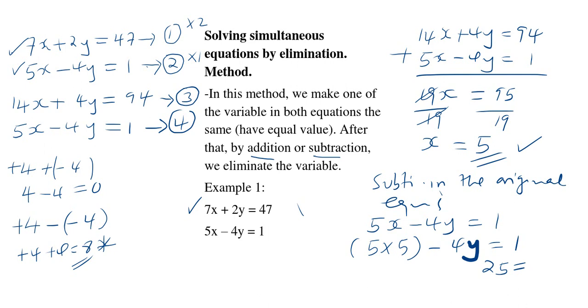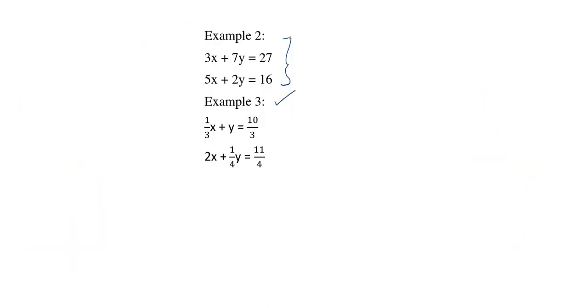Let's group the like terms together at this point. So let's have first 25 minus 4y is equals to 1. We take 4y this side and we bring 1 on this side.